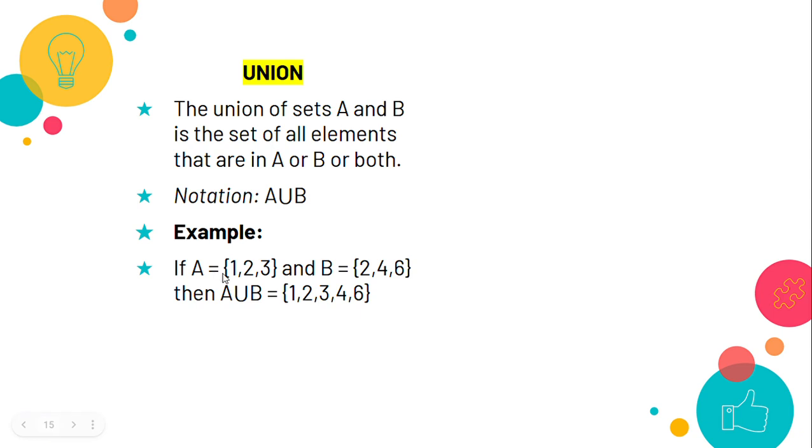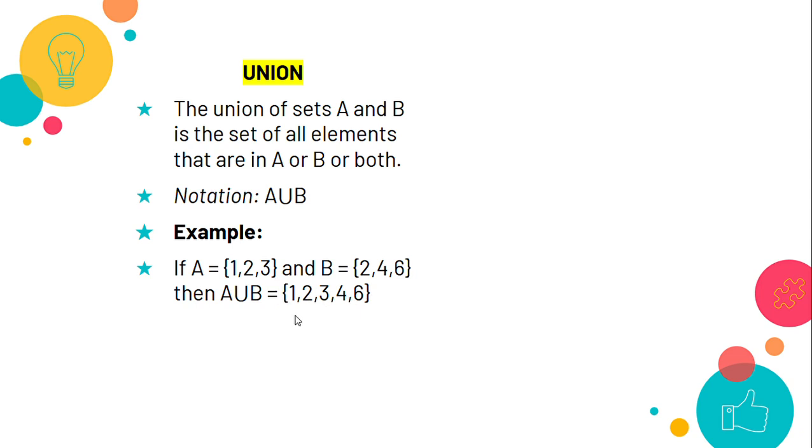In this example here, set A is equal to 1, 2, 3, and set B is equal to 2, 4, 6. We can see that there is one element common to both sets, and that is the element 2. But we're only going to list it once in the union. If we put these two sets together, then all the elements that are formed are 1, 2, 3, 4, and 6.